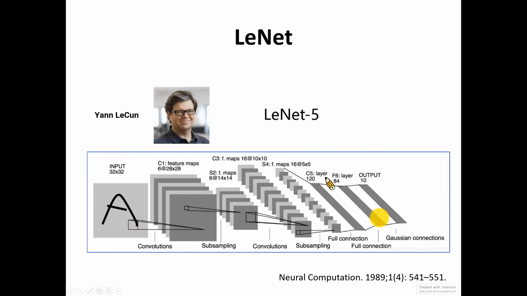It contains two hidden layers, C5 and F6. In C5 there are 120 neurons, and in the F6 layer there are 84 neurons, and they are all fully connected layers.